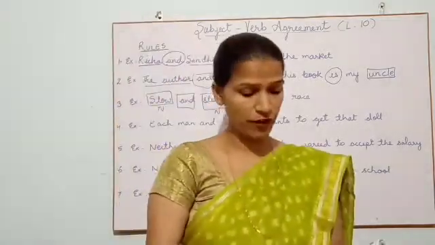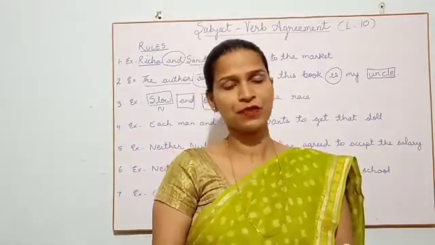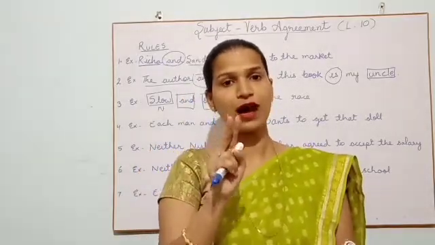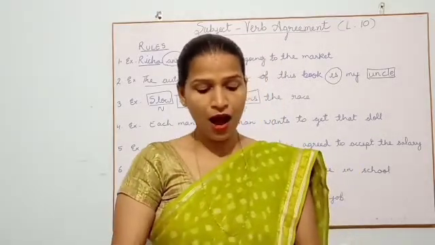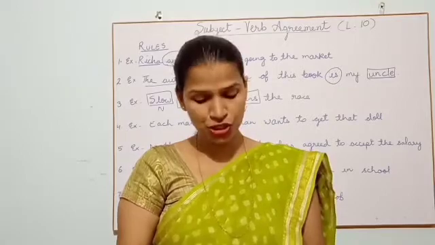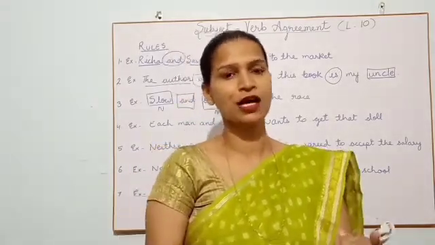Now rule number 4 is when two singular nouns are joined by and, again with the help of and, and are preceded by each or every, a singular verb should be used.